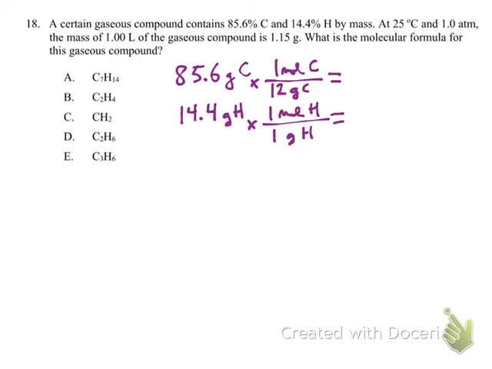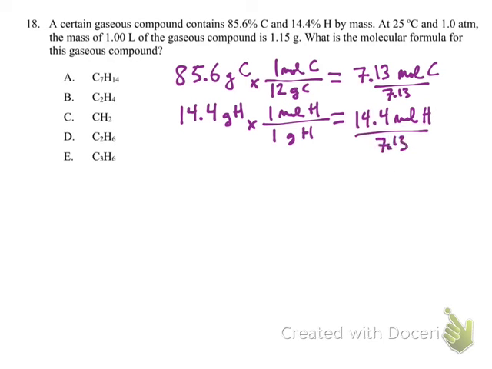And when we do, we'll end up getting the relative molar ratio of these two things, which ends up being 7.13 moles of carbon for every 14.4 moles of hydrogen. So now what we're going to do is divide by the smallest of these values, which is the 7.13, and that will end up giving us our ratio of 2 moles of hydrogen for every 1 mole of carbon.